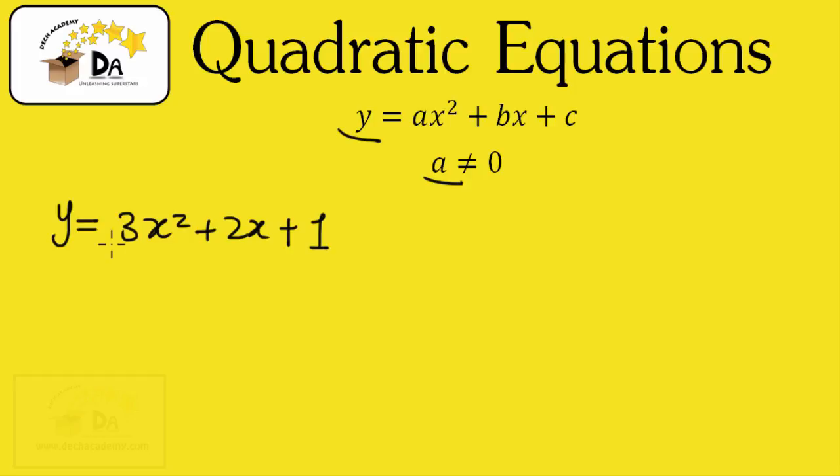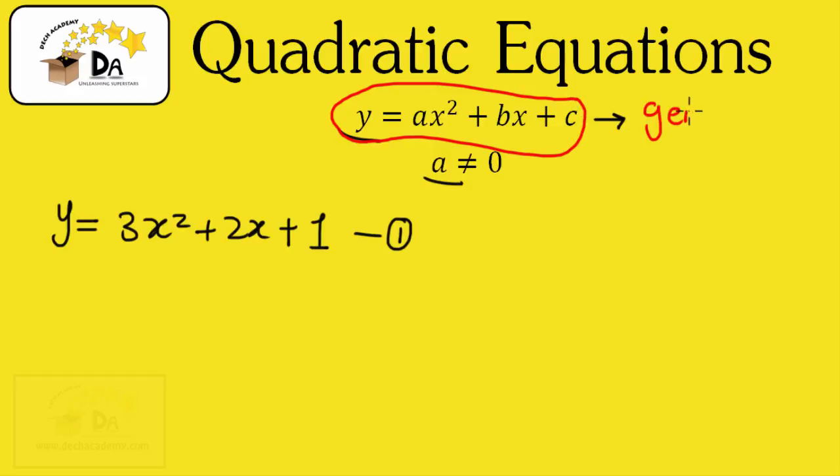Now, just by glancing at this given equation, so I'm going to call this equation 1, and comparing it to the general form, so this whole thing here is the general form for quadratic equations.